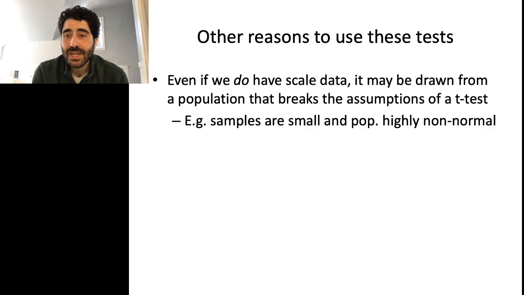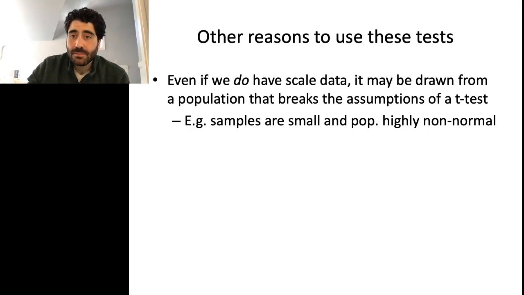Remember that we need the sampling distribution of the means to be normally distributed, and the central limit theorem won't kick in if the samples are too small. So whether we don't have scale data or we don't want to treat it like scale data, we can just use it as ordinal data.